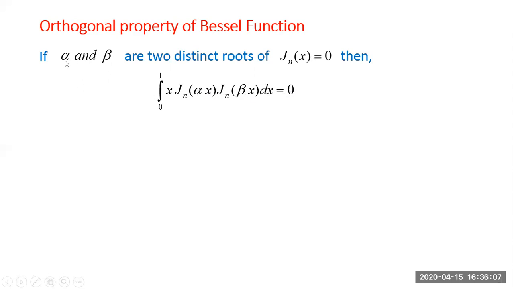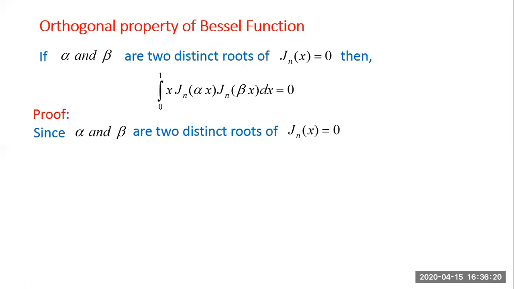Given alpha and beta are two distinct roots of Jn of x equal to 0. So let us prove this property. Since alpha and beta are two distinct roots of Jn of x equal to 0, we have alpha is not equal to beta, so both are distinct.